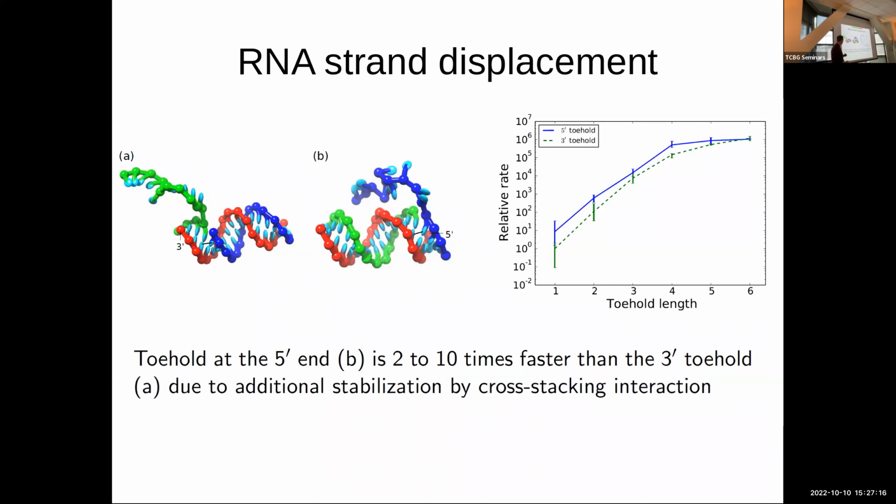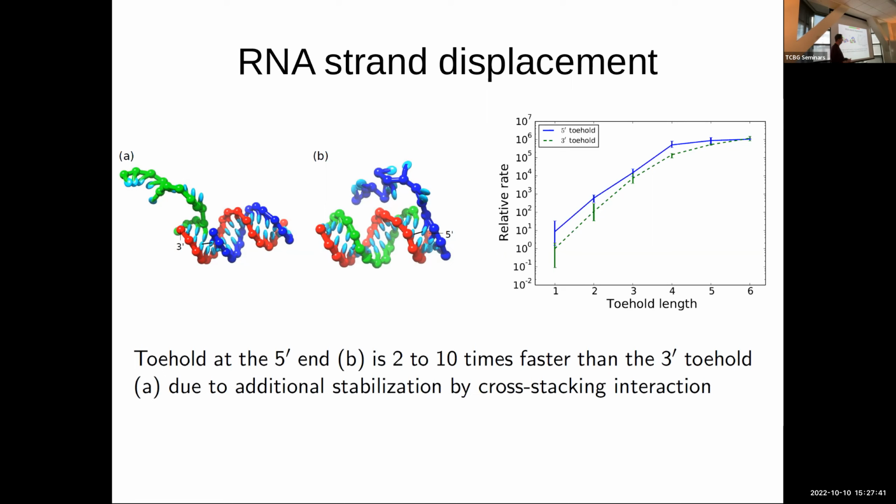What happens is that if the toehold is too short, you bind, you try to displace, but you can also fall off. Then you have to diffuse for a long time before you get a chance to bind again and start competing. But once you make the toehold stable enough, then every time you attach by the toehold, you will very unlikely fall off.